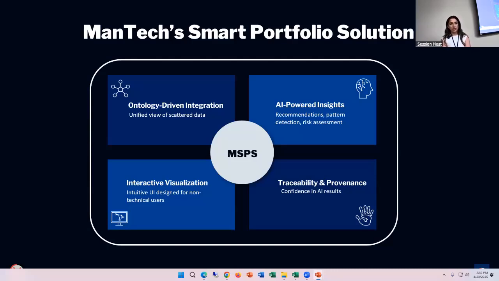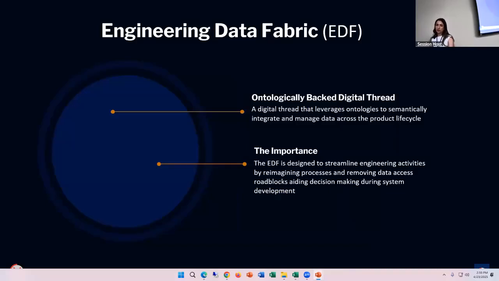This combination allows us to connect capabilities, systems, components, and unstructured documents all within a trusted semantic framework. MSPS offers 3 tools, which I will introduce shortly. But before I do that, I want to talk about what is at the heart of MSPS, which is our ontologically backed digital thread solution, the EDF.